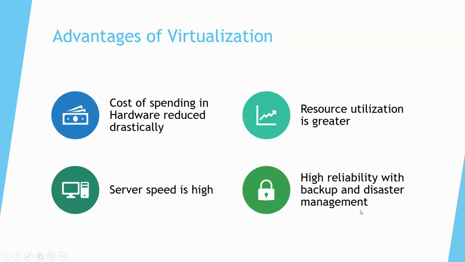Why high reliability with backup and disaster management? Since it is a VM machine, you can easily have a copy in many regions of the world. There is no necessity, as in the case of physical machines, that it is physically present in one location. If suppose the Chennai data center got affected by a flood, there is a chance that all of your data might be lost.